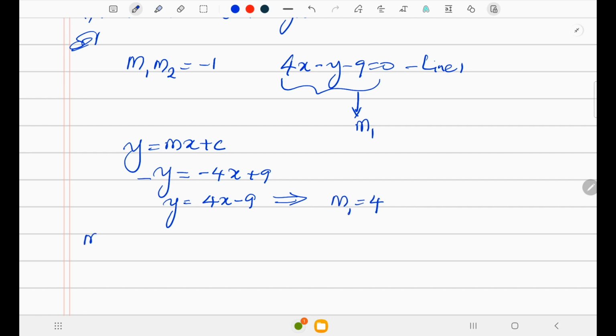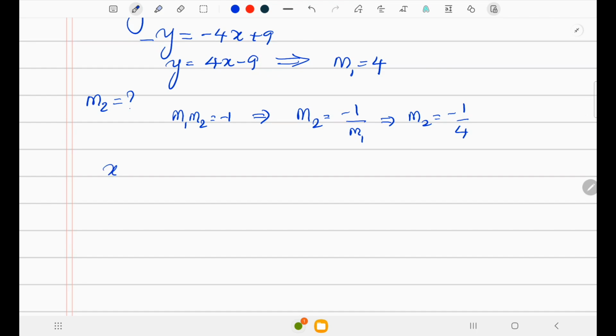So we need to find m2. Already we know the condition m1 m2 equals -1, which implies that m2 equals -1 by m1, which implies m2 equals -1 by 4.